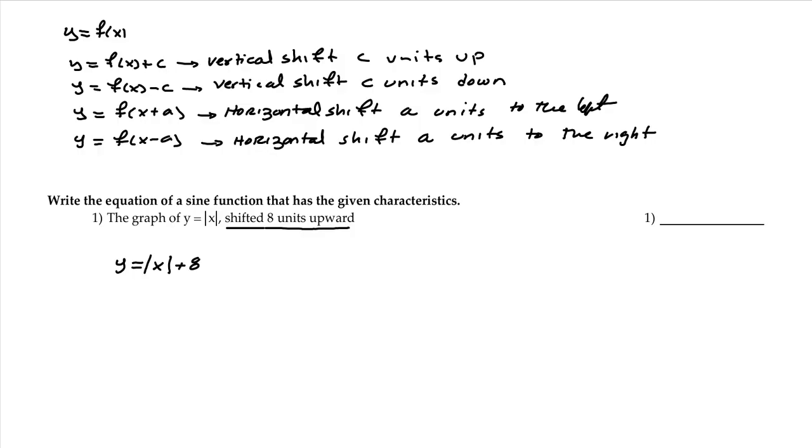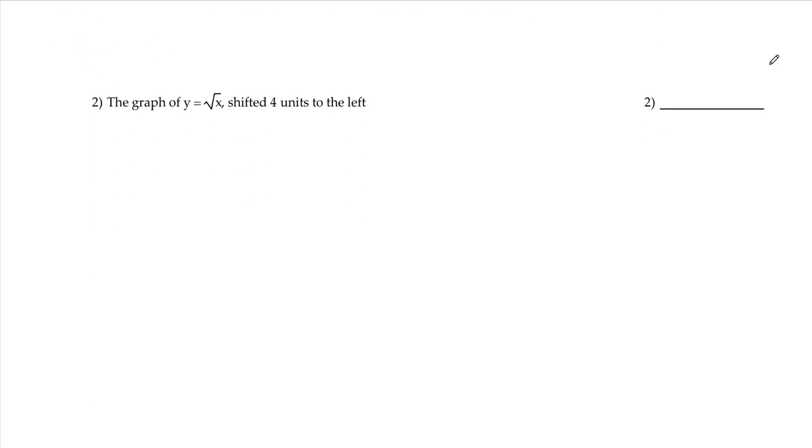So in this case, if my horizontal shift is 4 units toward the left, we will substitute x by x plus 4. So my function will be y equals the square root of x plus 4. This gives you a horizontal shift 4 units toward the left.